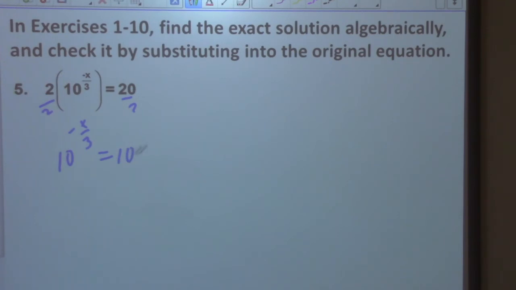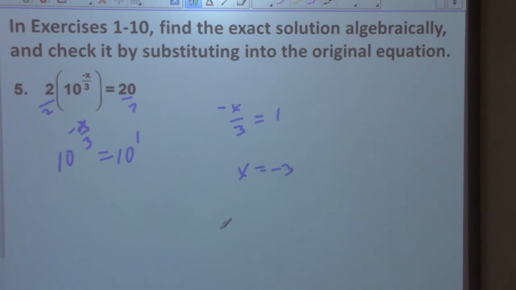So this is 10 to what power? 10 to the power of 1. So what equation can we do to solve for x now? Negative x over 3 equals 1. So x is equal to negative 3.